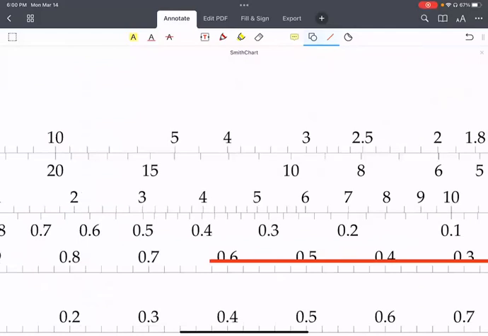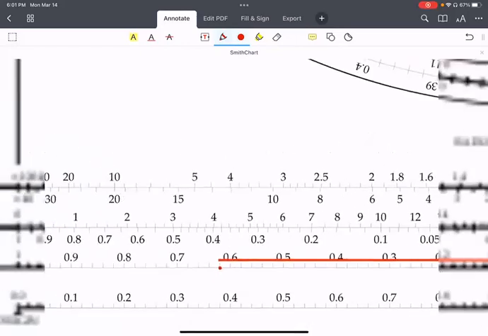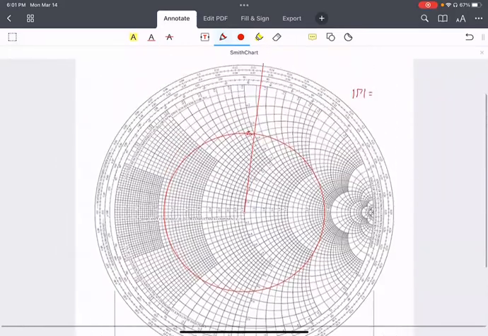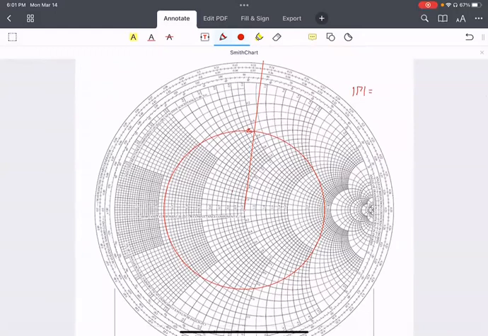So I get 0.62. 0.6 is a little borderline. I'd say 0.61, 0.63, that'd be fine. For 0.6, I would just double check that everything's in the right place. Any questions on that one? Anybody get anything significantly different?